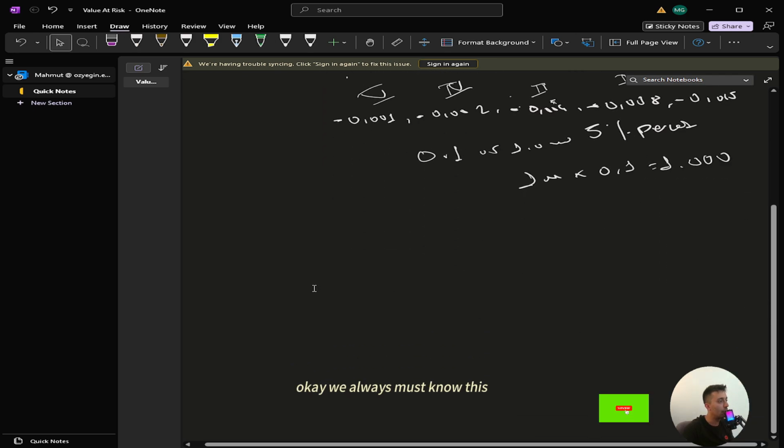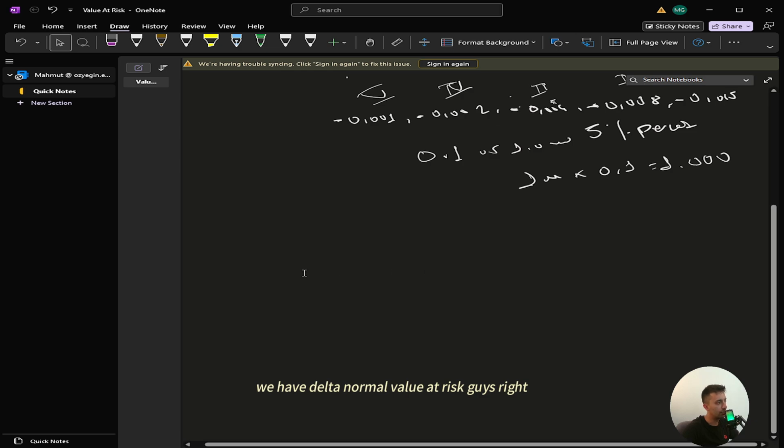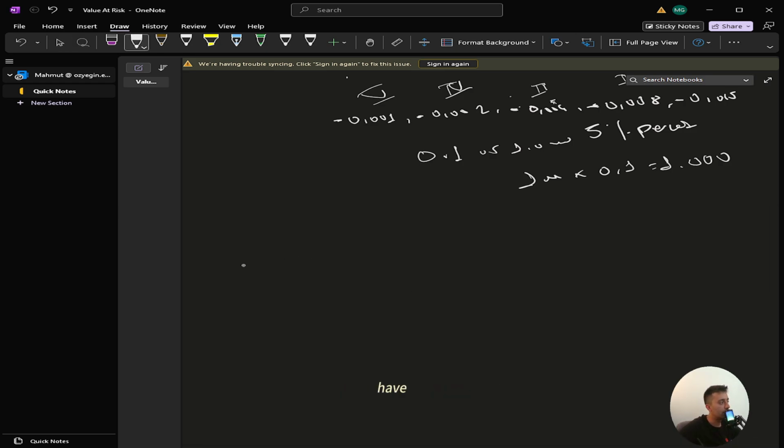Okay, we must always know this. This is really important. And then we have delta normal value at risk, guys. All right, delta normal value at risk. And delta normal value at risk has a little long formula here.